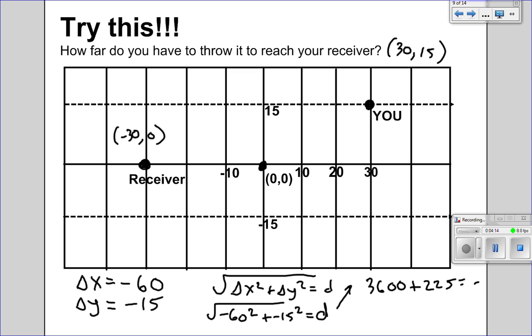That's why the negative cancels out. Don't forget your square root sign, which gives you the square root of 3825. Then you just type that in your calculator to finish this off, and you get about 61.8. So that's the length of the segment. Hopefully you're able to see that and get that.